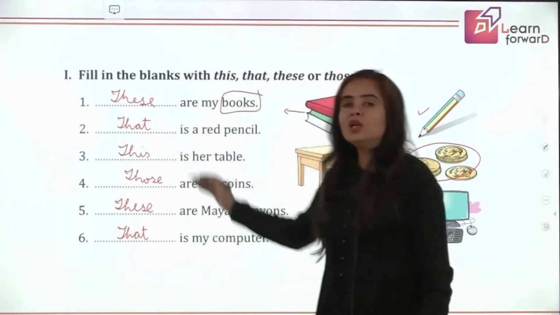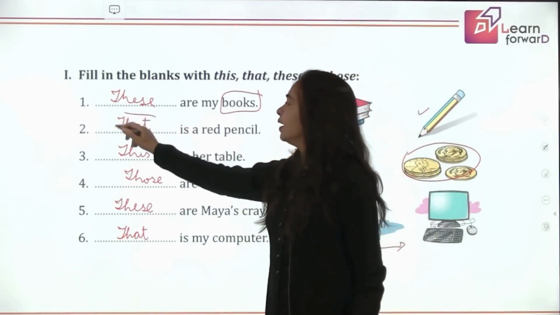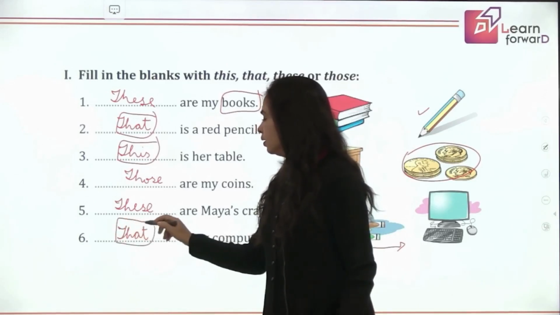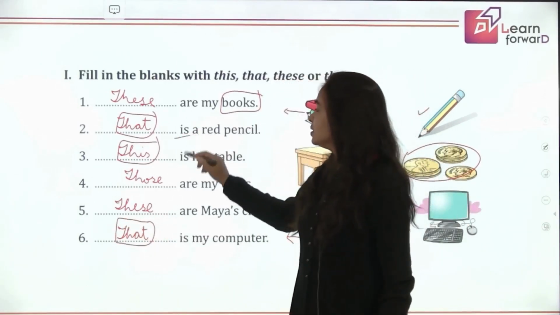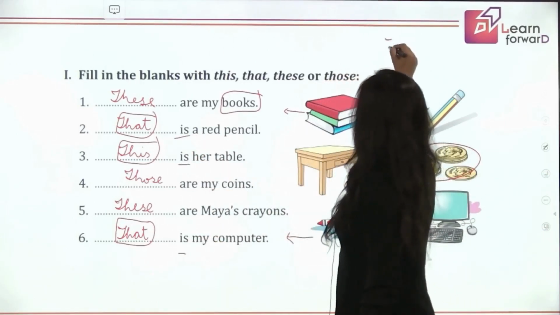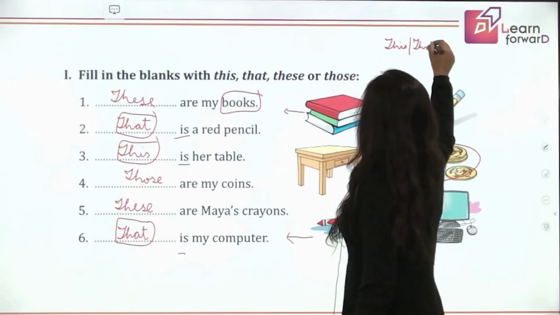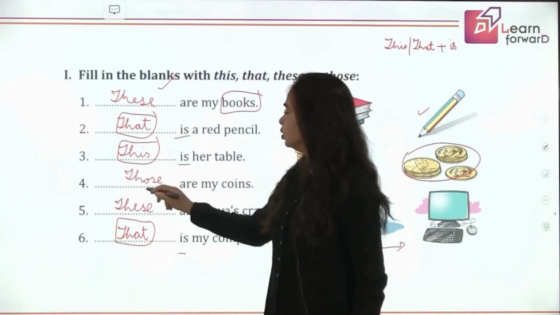Now quickly look at this one time. Students, what do you see? Look at this, that, this, that. Now what is the word following these words? Is. So remember, with this, that, we use is. And what do you observe about these, those?